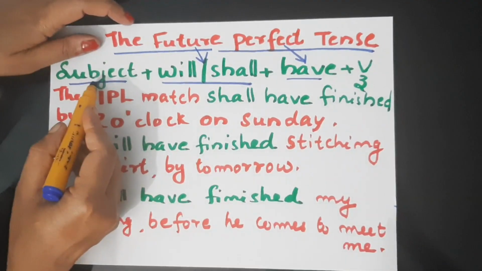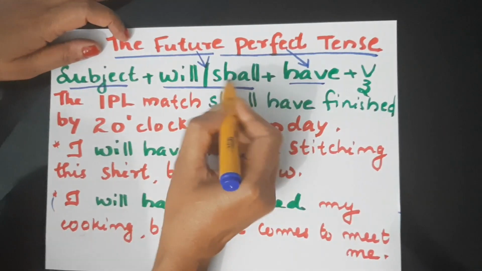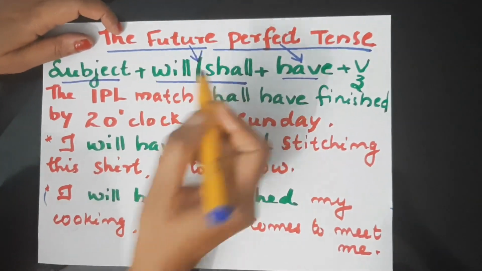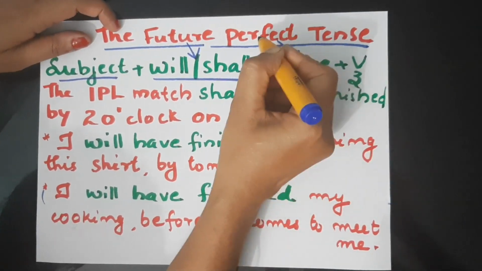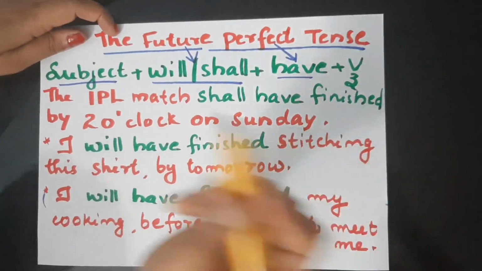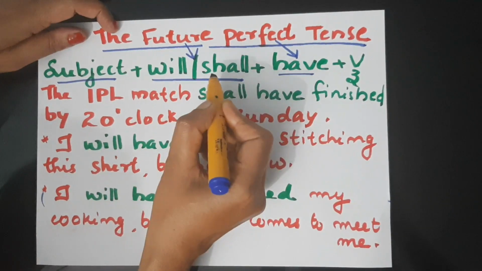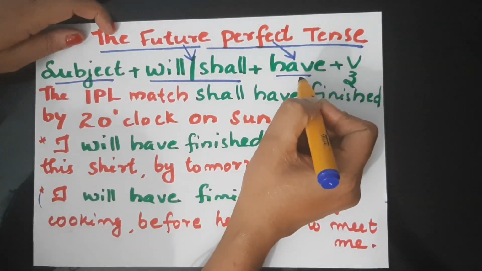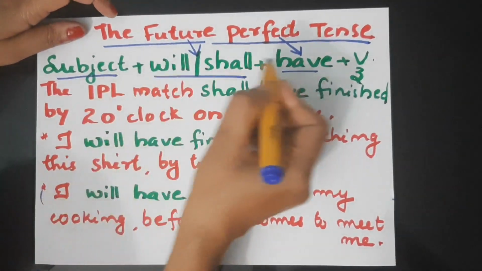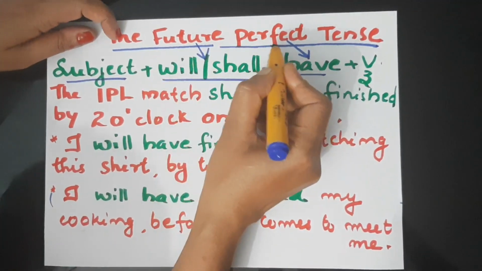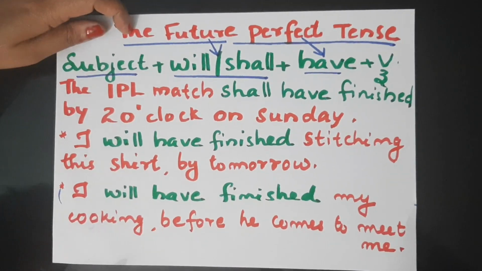Subject plus will or shall is equivalent to future, plus perfect; have is denoted by perfect tense. That is the structural format of the future perfect tense.